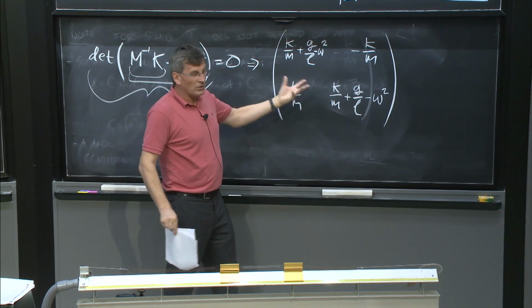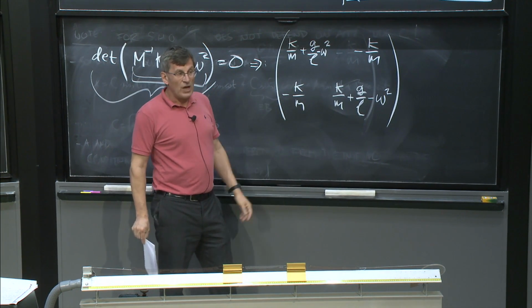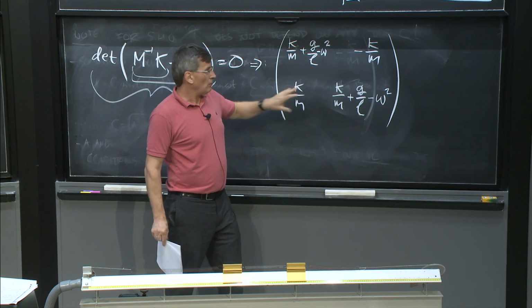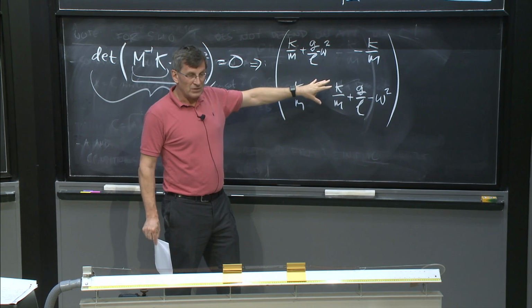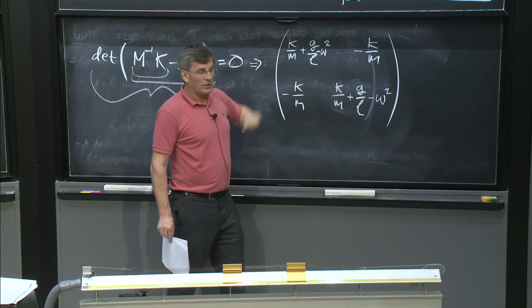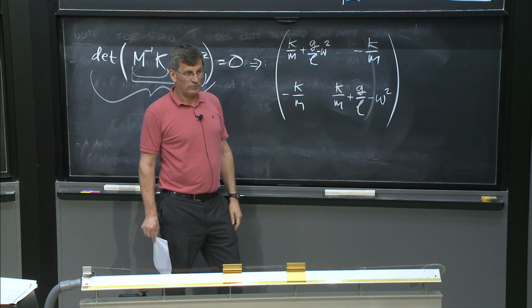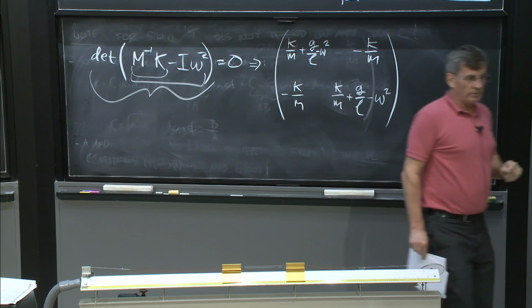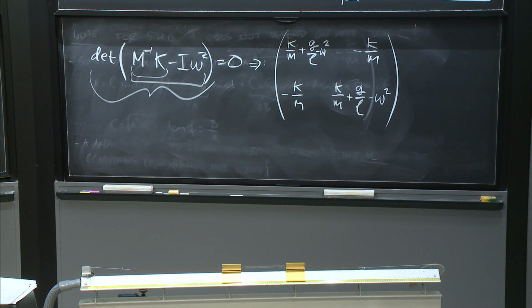So the only parameter here which I can change or adjust or find is omega squared. So I will try all possible matrices of this type until I find one or two that have a determinant equal 0. And if I find them, this would correspond to the normal frequencies.